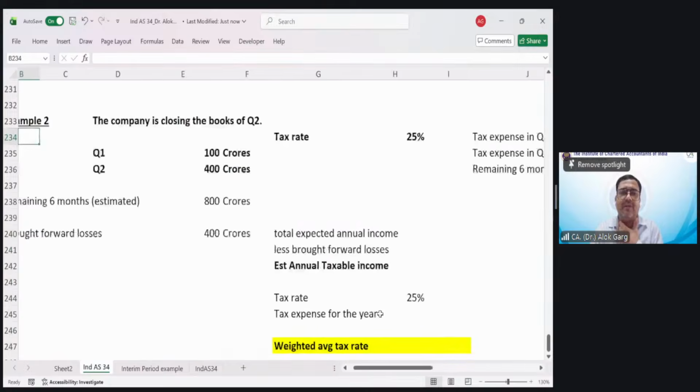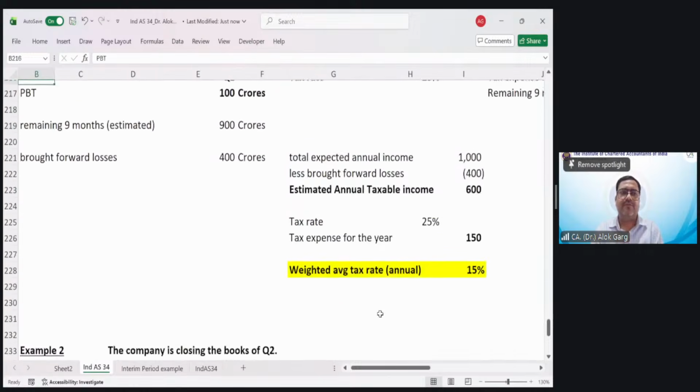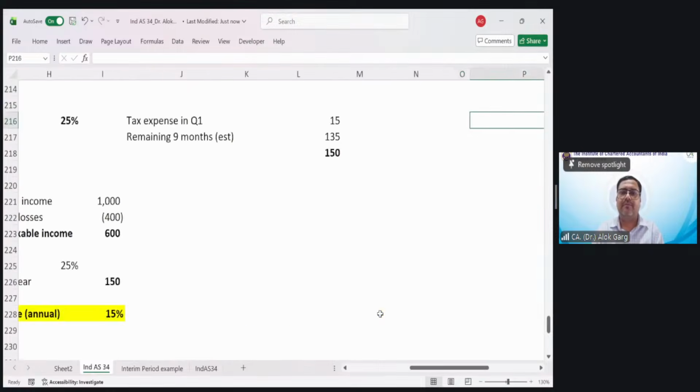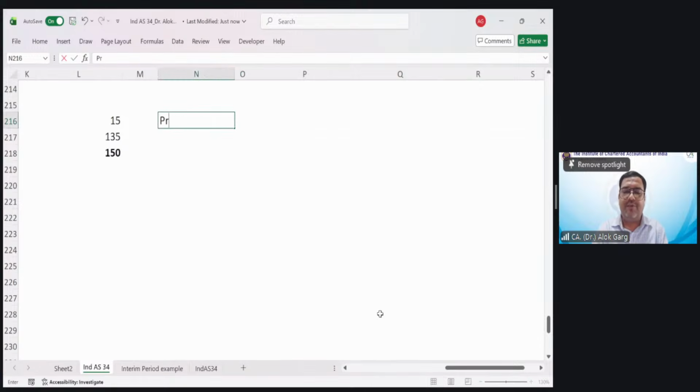What is the journal entry? Okay, let me write the journal entry also. Provision for tax expense. The journal entry may be asked in the exam. There is no rule that it will be asked or not asked. If the question is asking, you have to pass the journal entry.